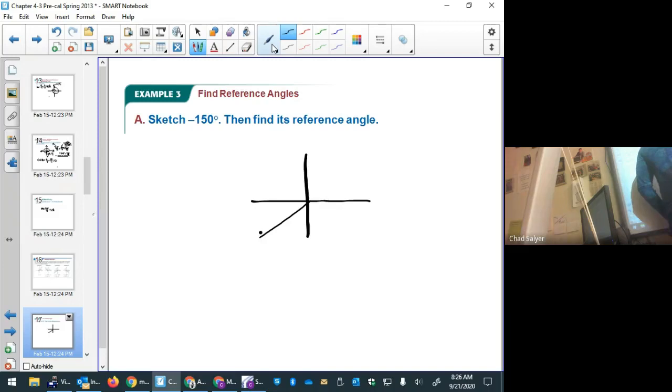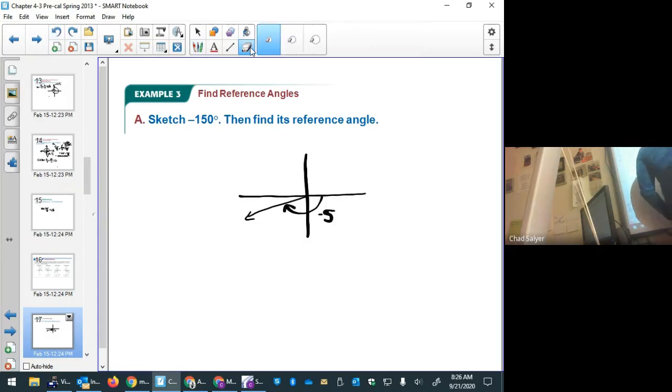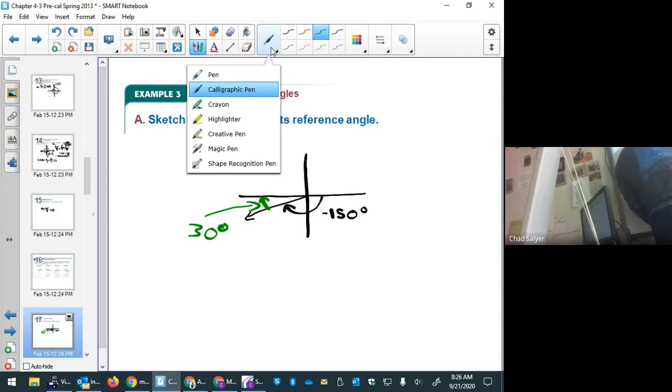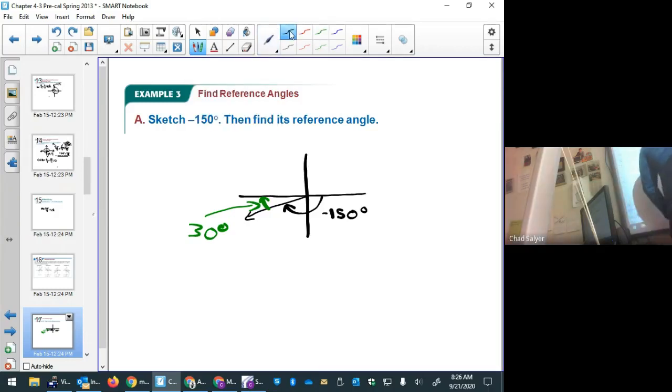A little bit sharper than that. So this is -150 degrees. And now its reference angle, which will be this, is 30 degrees. And normally, if we have a name for the primary angle, which we'll call this one theta, then its reference angle is called theta prime.